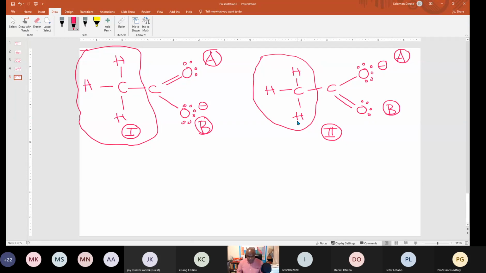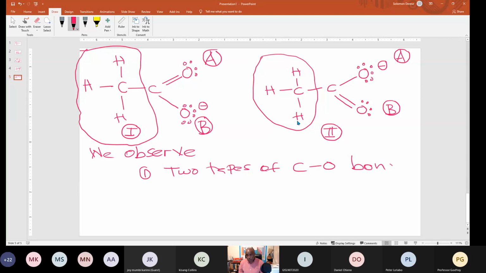But all the same, we observe 2 types of carbon-oxygen bond. Isn't it true?